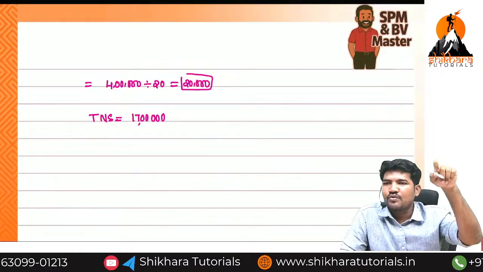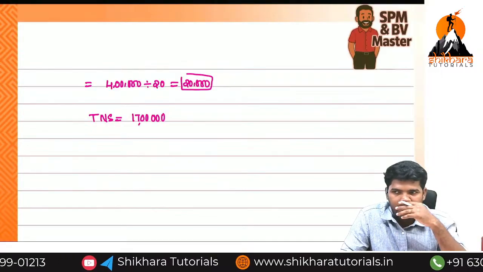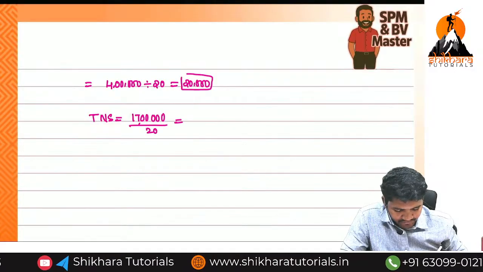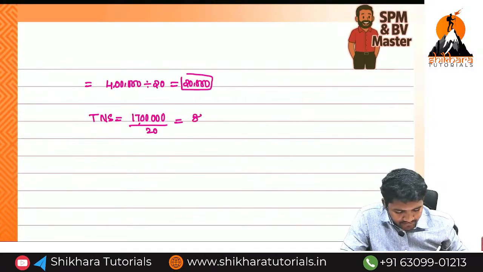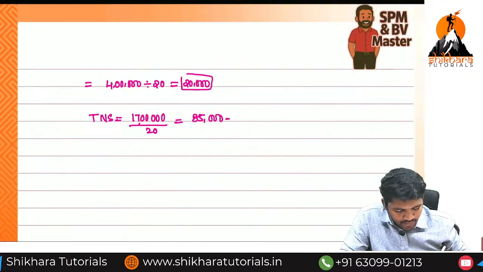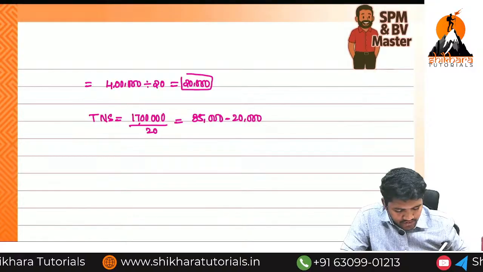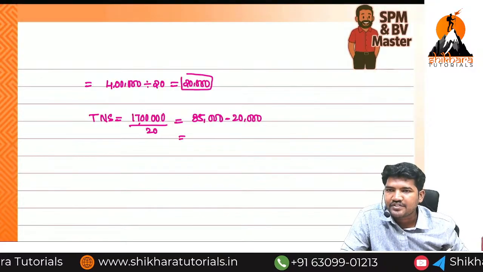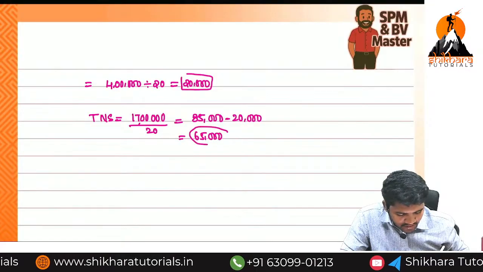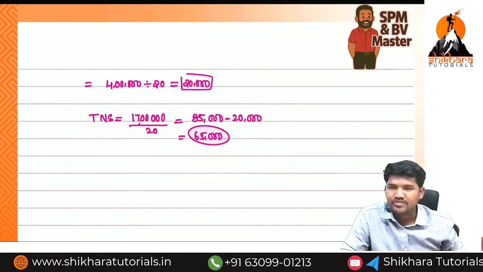Instead of lakhs, use the word 3 zeros. Now 17 lakhs divided by 20 rupees. How many shares? 85,000 shares. Out of 85,000, how many do you buy back? 20,000. Now the company has how many shares? 65,000 shares.